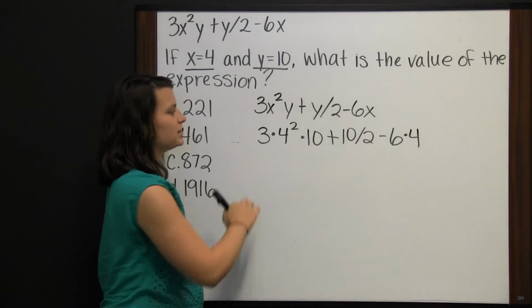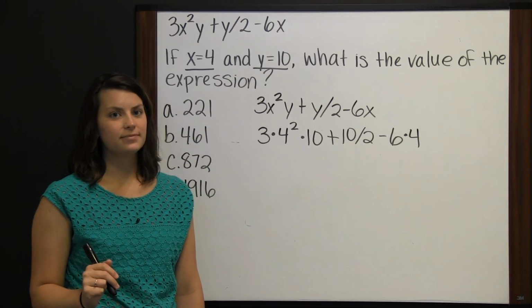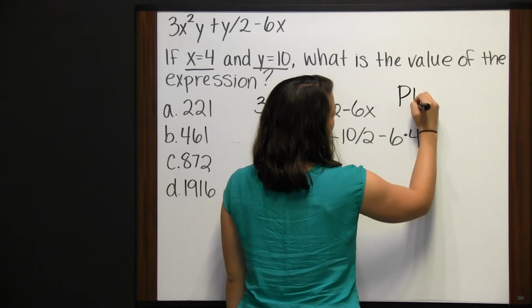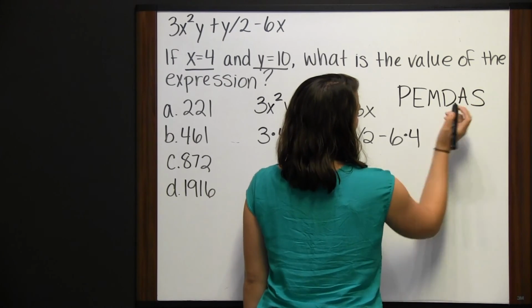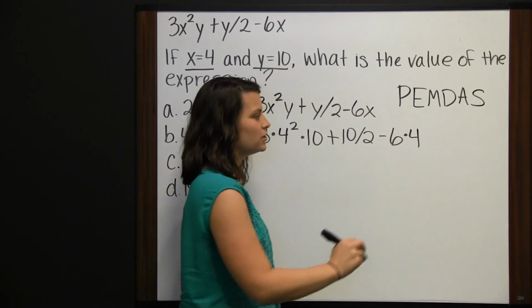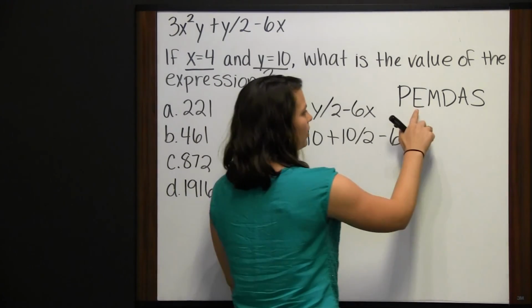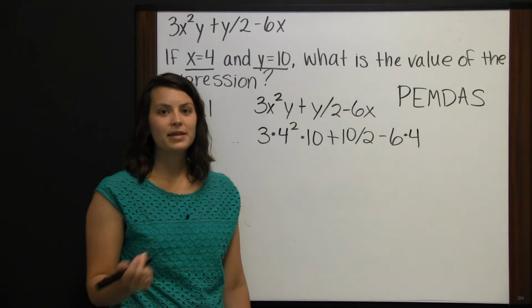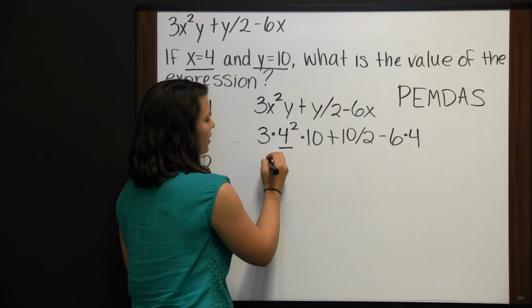To simplify this expression, we need to follow the order of operations, which some people know as PEMDAS. And in PEMDAS, we do parentheses first, which we don't have here, and then exponents next. We do have exponents, so that means the first thing we'll do to simplify is find what 4 squared is.